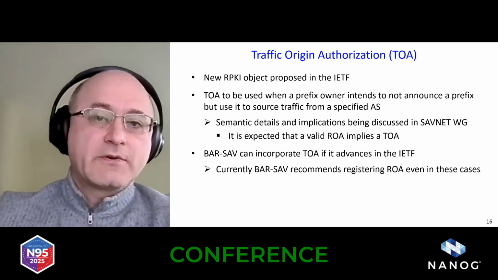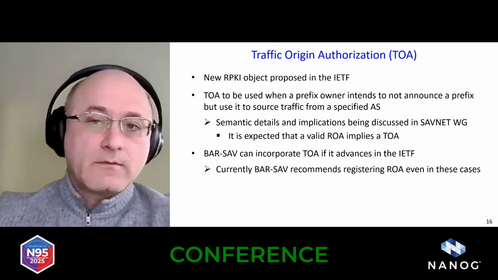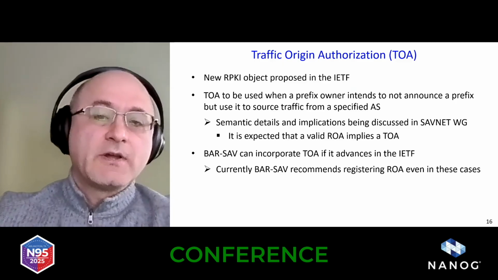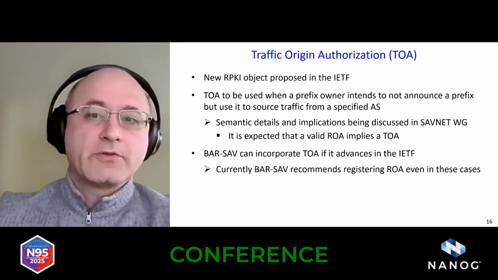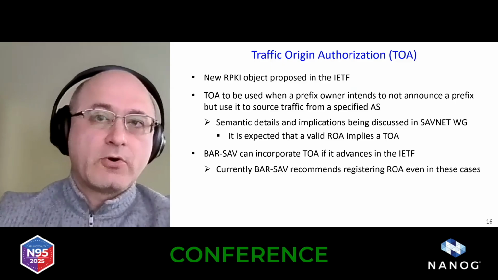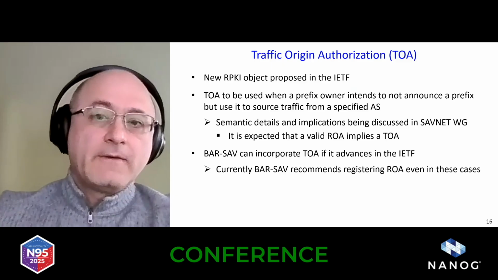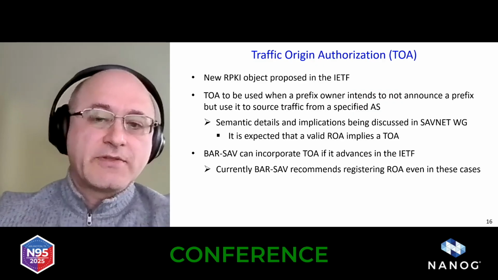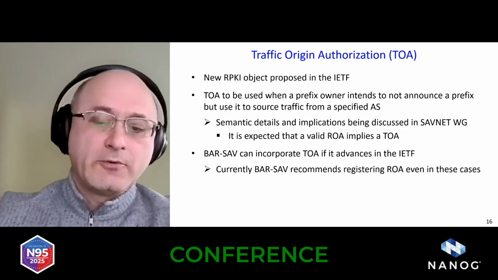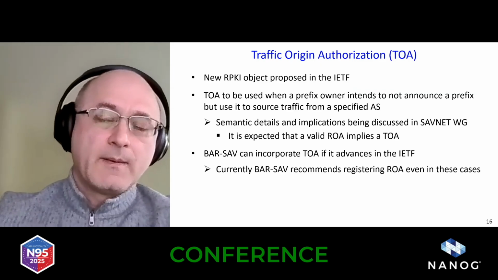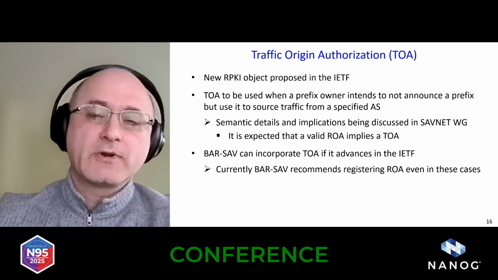Right now at the IETF, there is a new interesting proposal to create a specific RPKI object that's actually designed for source address validation, which is called TOA, or Traffic Origin Authorization. Effectively, this object would authorize sending traffic using IP addresses originated from a particular AS, but not for that AS to announce them.